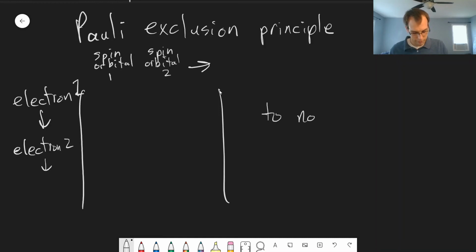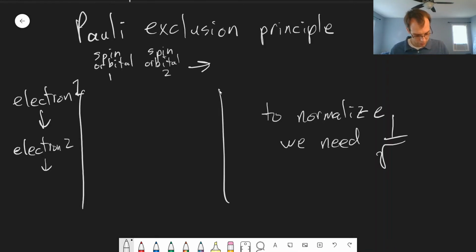So to normalize, we need to add a factor of 1 over the square root of the number of electrons factorial.